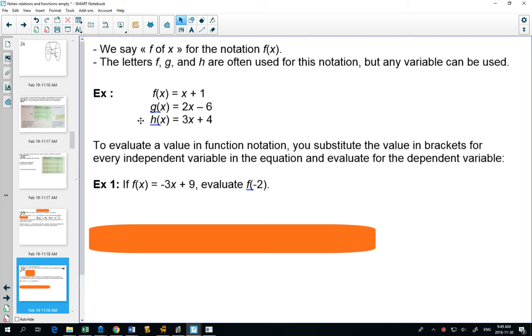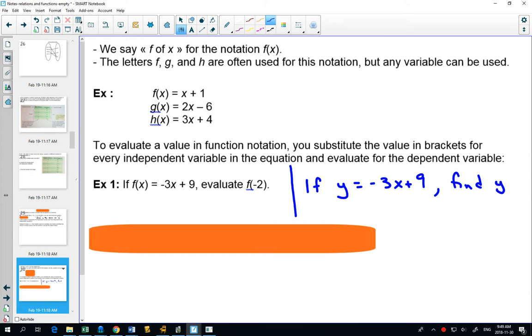So function notation is helpful because we can have questions like this. If f of x equals negative 3x plus 9, evaluate f of negative 2. In your old notation, this question would look like this. If y equaled negative 3x plus 9, find y when x is negative 2, or when x equals negative 2.